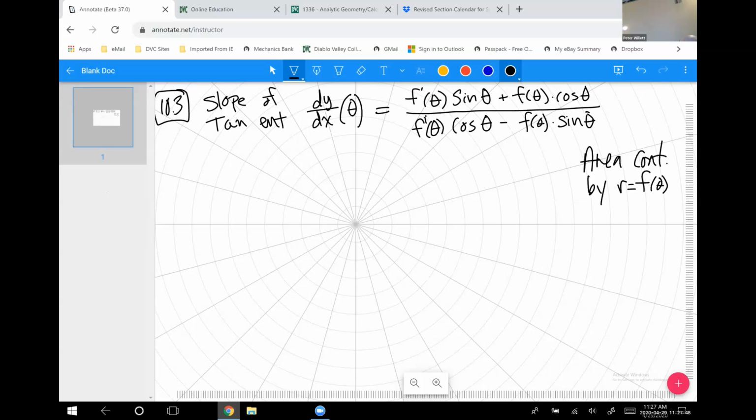So then we have an integral between two angles from alpha to beta of 1/2 of whatever the function in theta is, squared, d theta. Nice simple formula based on the area of a sector.